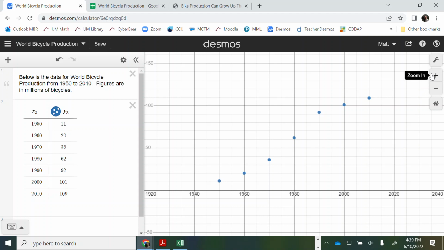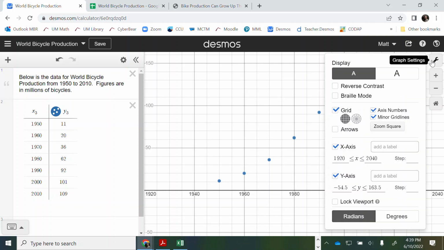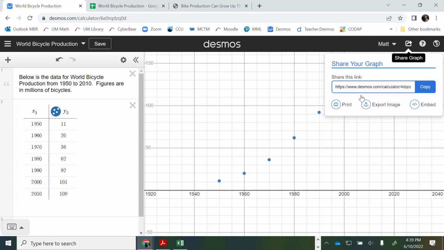If you want to get a picture of this, of course, you can export this. How do I export it? Oh yeah, right. It's right here, this share graph. So you can either get a link for it, if you want to put a link into your report, that's fine with me.